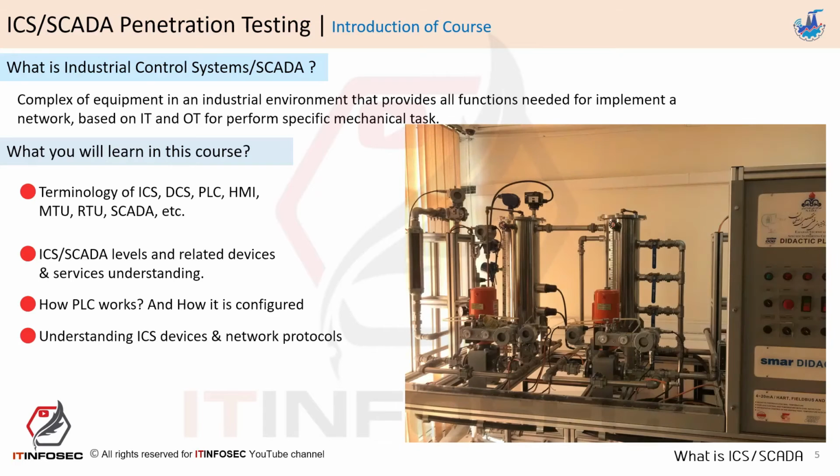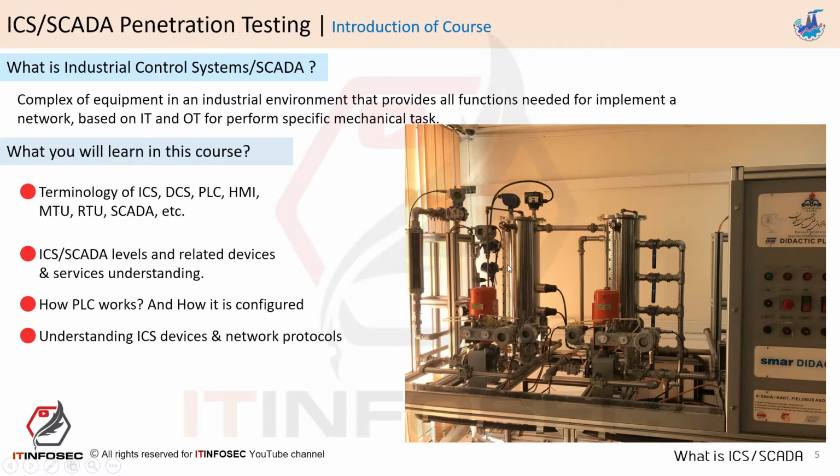And understanding ICS devices and network protocols. Like IT networks, ICS or industrial networks have protocols for making and transferring data between the industrial devices. Like in this picture, you can see a hardware-simulated oil network.